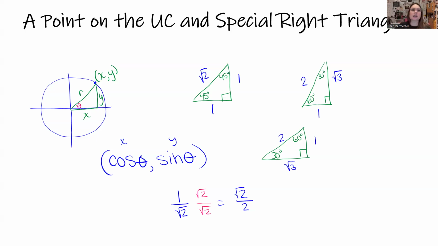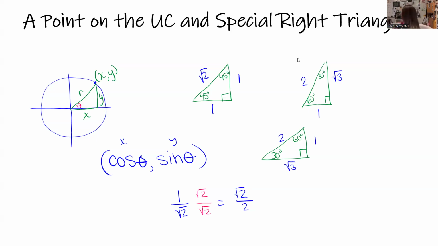So what you see is that they've turned 1 over the square root 2 into square root 2 over 2. That's how you memorize the unit circle. So this is the actual ratio, but when you rationalize it, it turns into this, which is what you memorized for the unit circle.